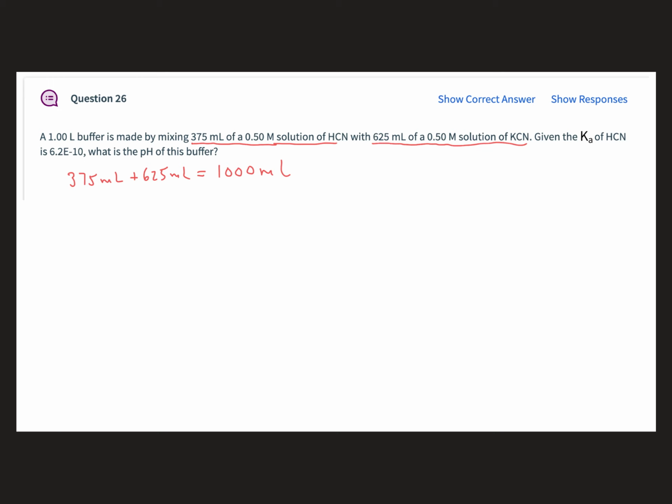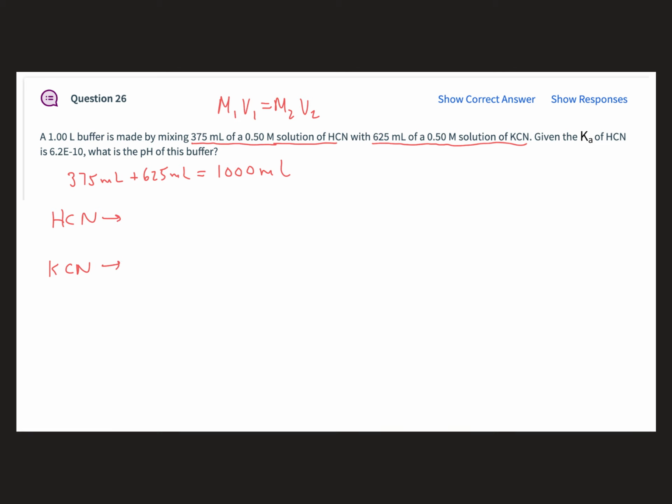So anytime we do a dilution, we need M1V1 equals M2V2. My initial concentration times my initial volume equals my new concentration at my new larger volume. So we need to do this calculation twice, once for hydrogen cyanide and once for potassium cyanide.